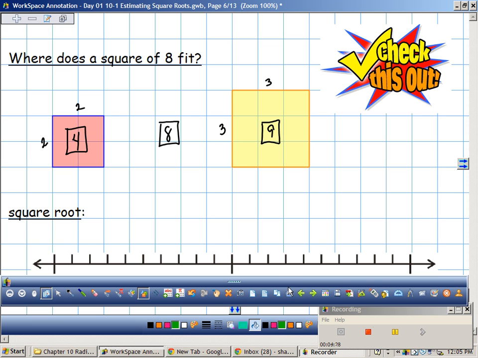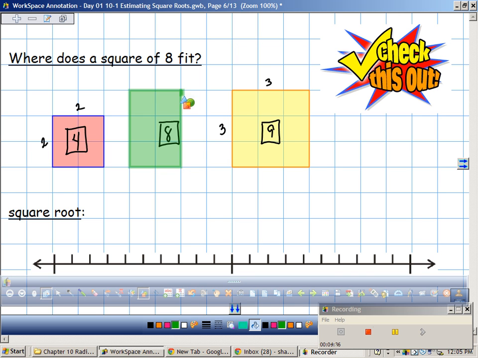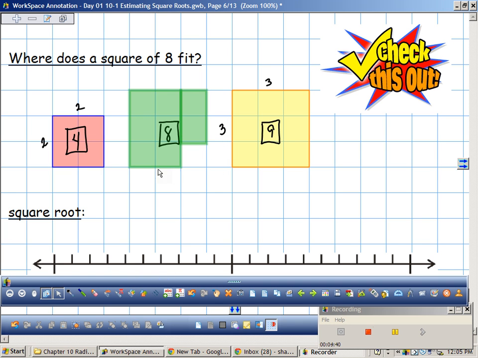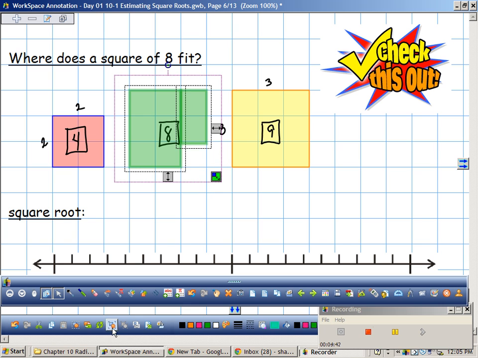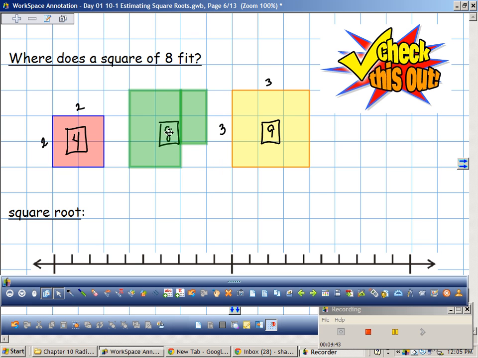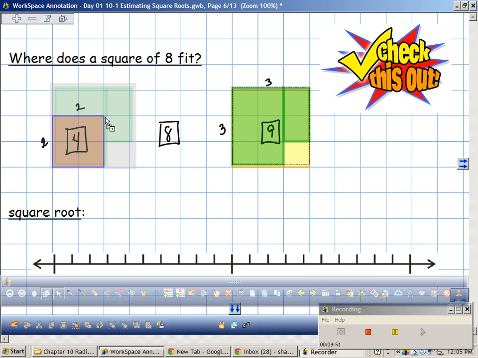Let's make it green. How much is that? 6. Is that 8? Let's group those together. So does that one fit there? Or does this one fit here?